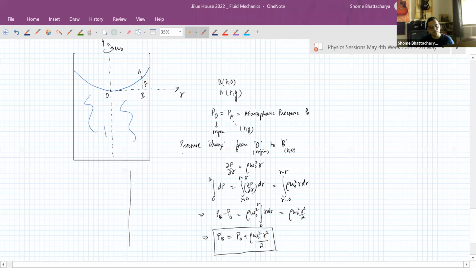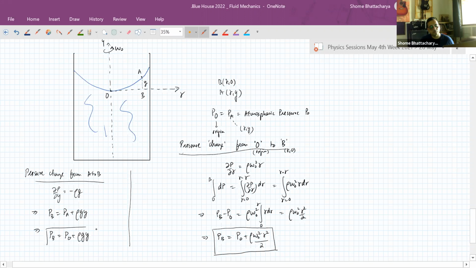So here we have considered pressure change from O to B. Similarly, if you consider the pressure difference from A to B, pressure at B would be equal to pressure at A plus rho g y. Now pressure at A is equal to atmospheric pressure. And then we'll compare equations 1 and 2.